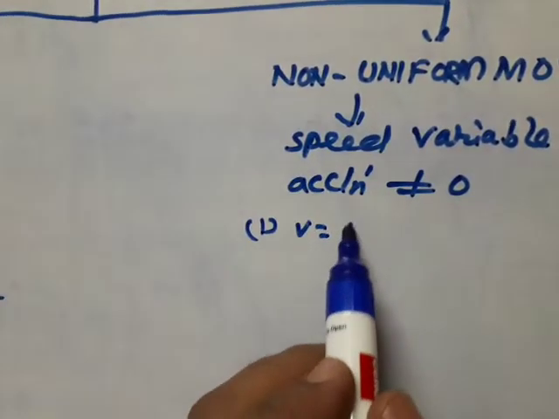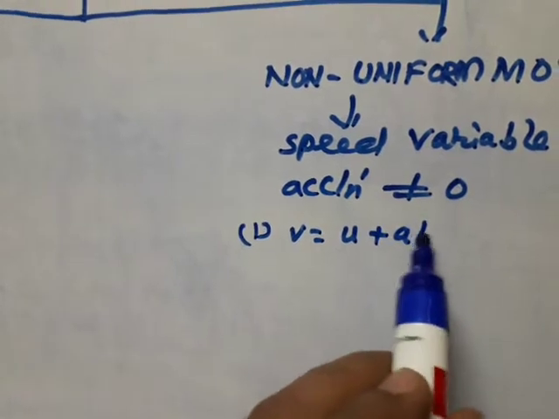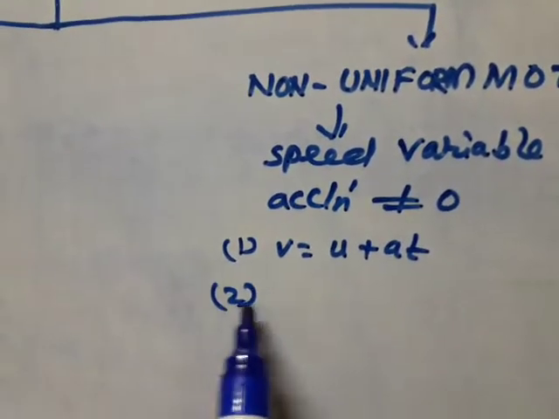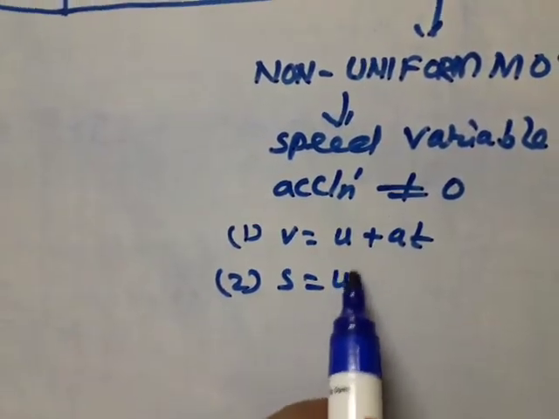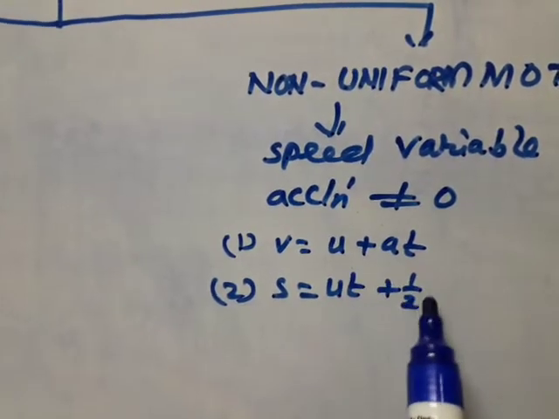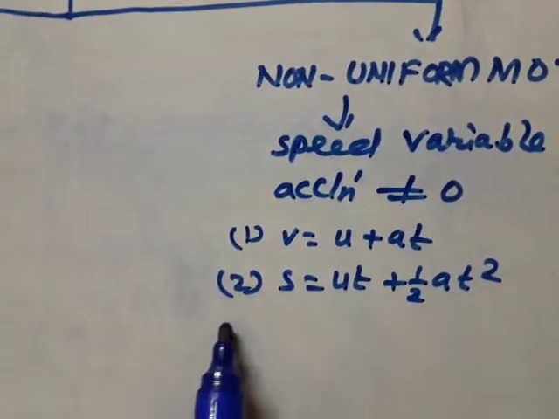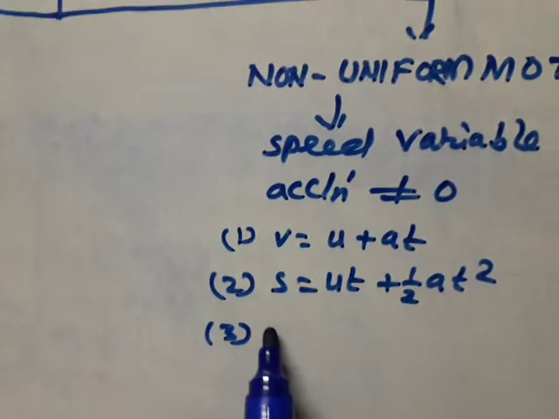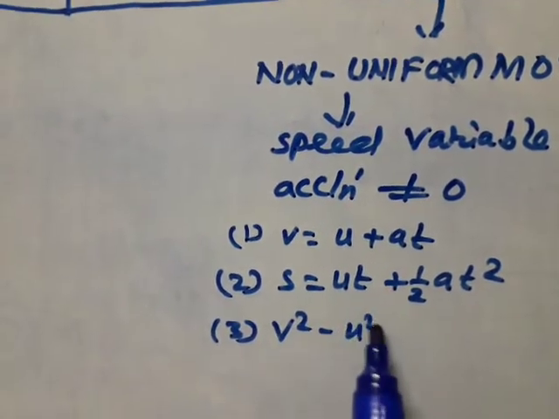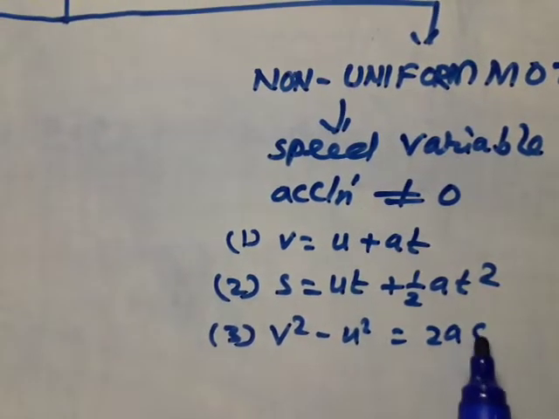V is equal to u plus at. Second equation, S is equal to ut plus half at square, and third equation, v square minus u square is equal to 2as.